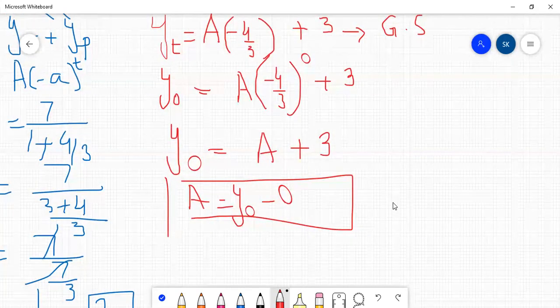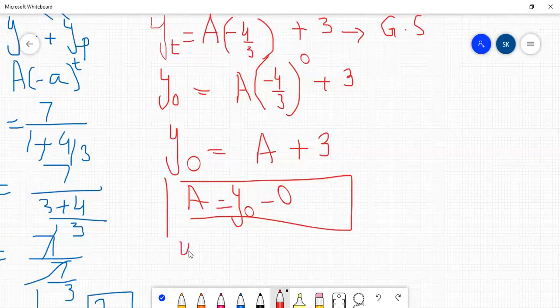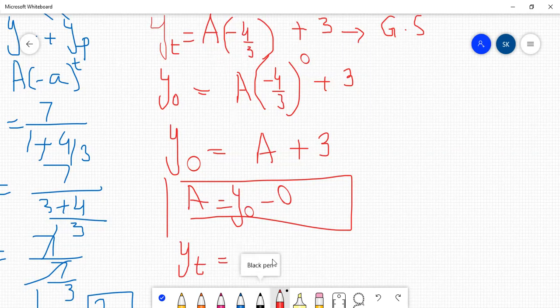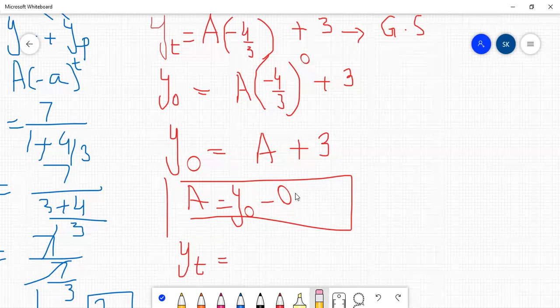What will we get is a definite solution, that is y of t is equal to, wait, I have to correct this one, because sometimes this self-correction comes into being and the software converted this 3 into 0. I have to correct it again.